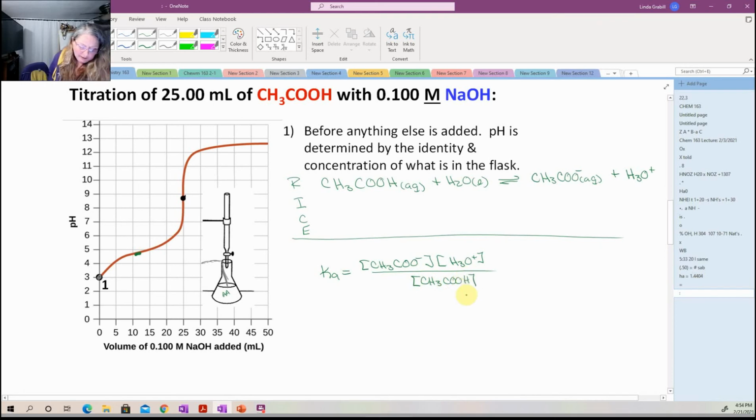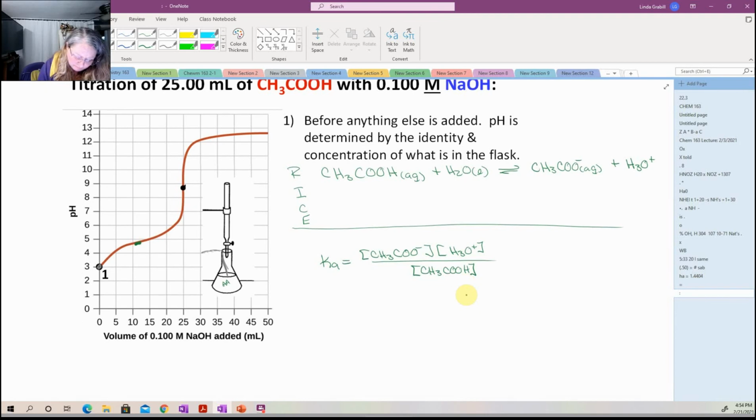Beautiful. But without any more details, I kind of feel like I'm a little bit stuck. I want to get to the point on the graph where I can at least figure out how many moles of acetic acid I might have started off with. So let's just think that through.